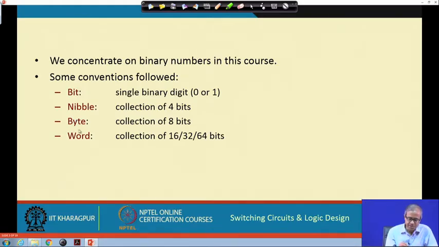The next higher unit we call a word, but the definition of word is not well defined. Depending on the context, 16 bits, 32 bits or 64 bits can be considered a word, but the definitions of bit, nibble and byte are well defined: 1, 4 and 8 bits.